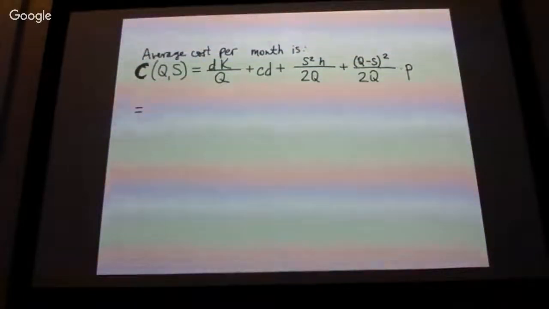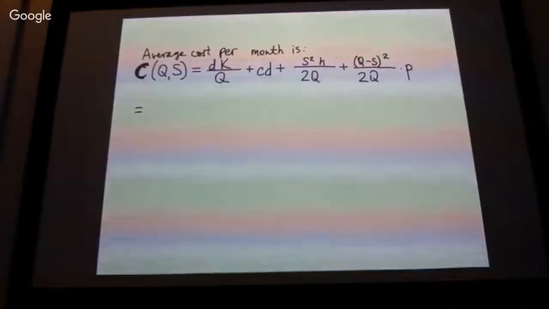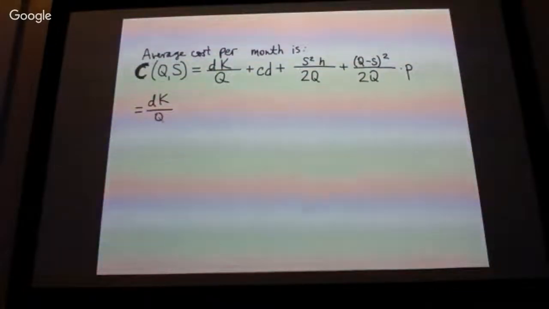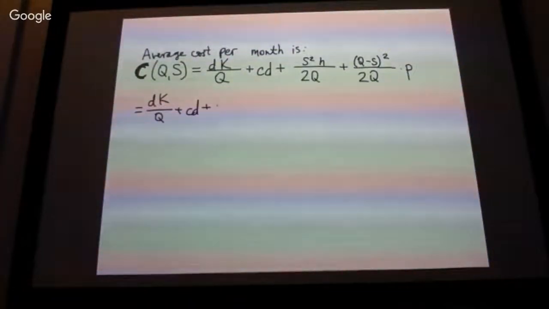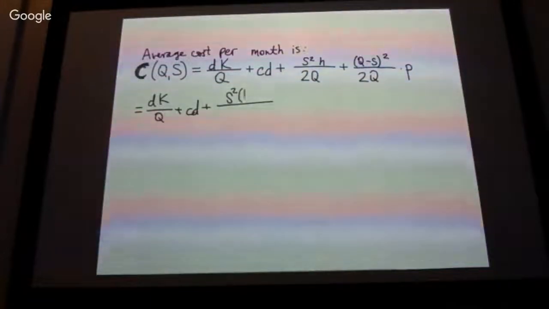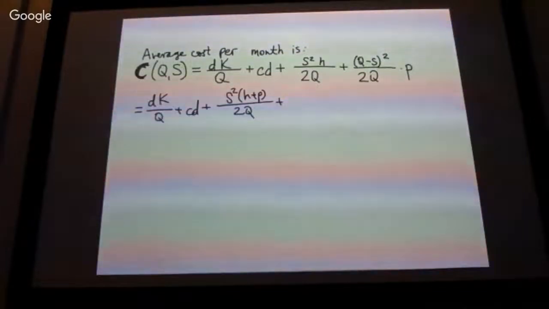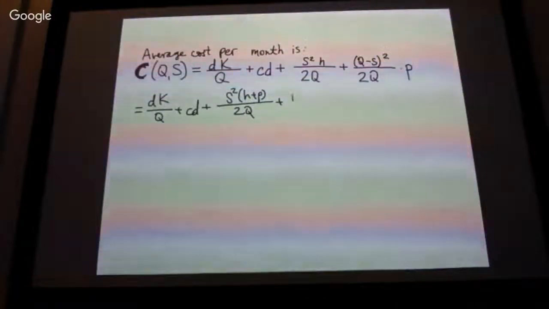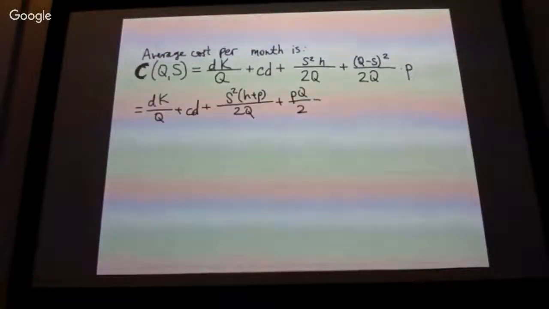I'll just write something. DK over Q plus CD plus, now this is S squared times h plus p over 2Q, and plus PQ over 2 minus PS.